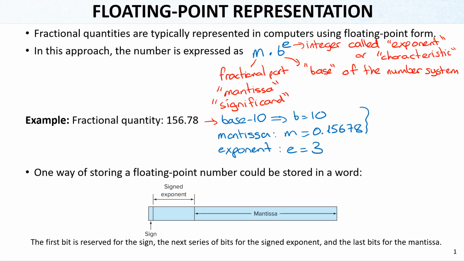By finding these, we can simply write m times b to the power e is equivalent to 0.15678 times 10 to the power 3. And this is it. We defined a fractional quantity with floating point representation.